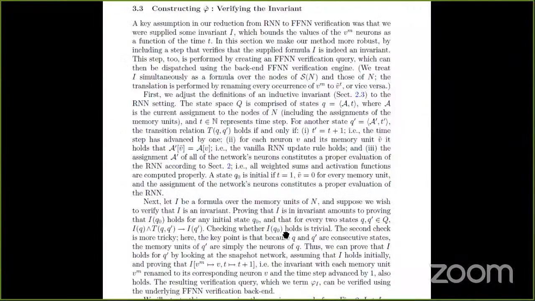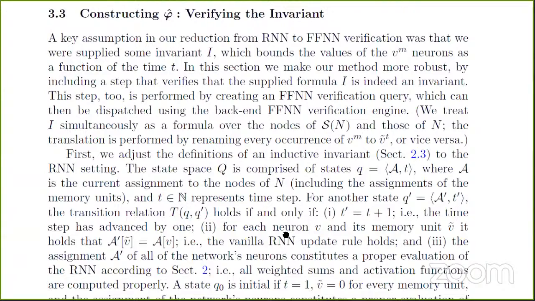Correct. So they say that the key assumption in the reduction was that this I was available, right? So this entire reduction follows because you had this invariant I, which bounds the values of these memory neurons as a function of the time t. In this case it was 3 times t minus 1 or whatever. So this was made available to you.